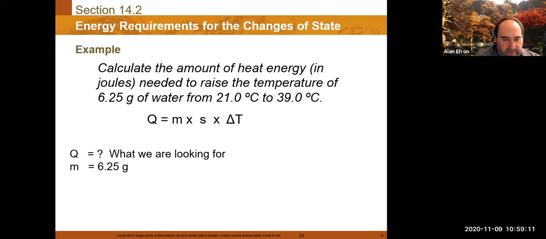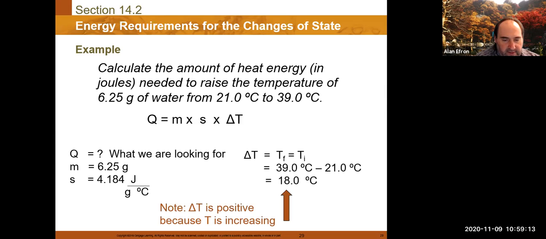And just a reminder of a calculation like we saw earlier here in chapter 10. Here we want to calculate the heat or energy. We have the mass. Obviously, we are changing the temperature here, and we are in the same phase, liquid water all the way through.